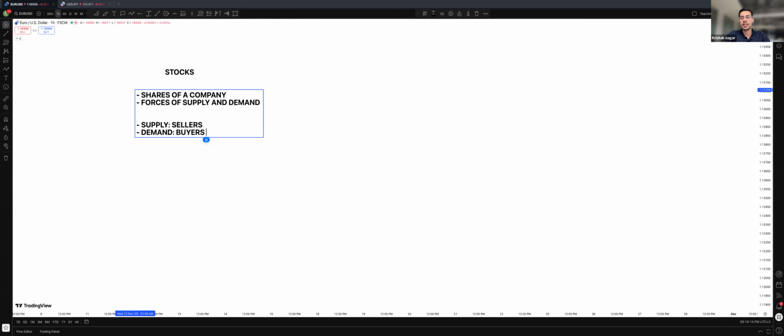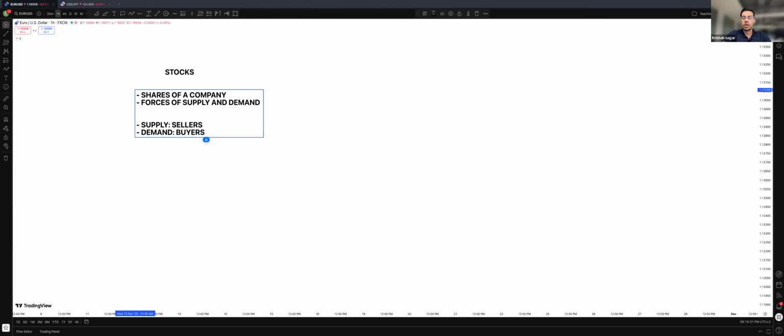Why are people selling? There could be multiple reasons, like weak job data for the US, interest rates increasing, inflation increasing, right? These are some of the fundamentals that can impact the stock market in the short term.